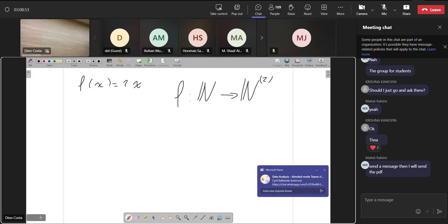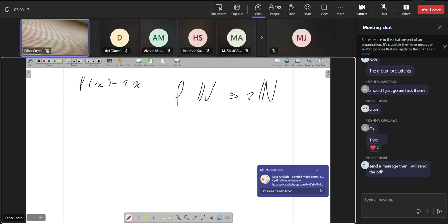Or maybe a better notation. No, I prefer this notation, that makes more sense. Here we have a set. This set is 2N.